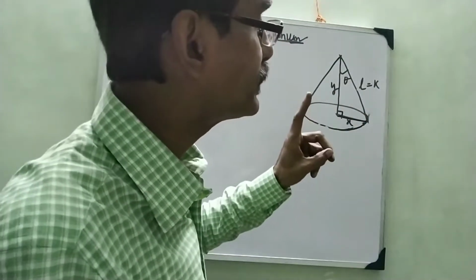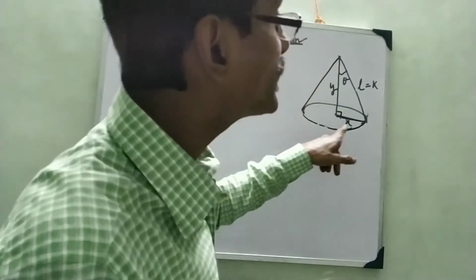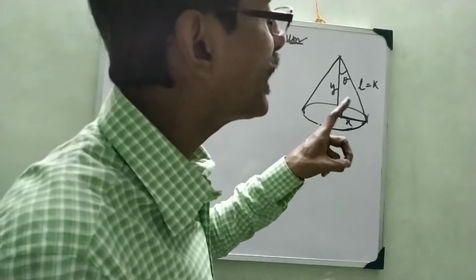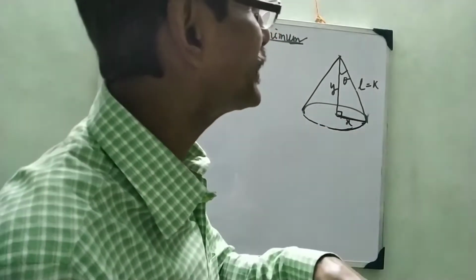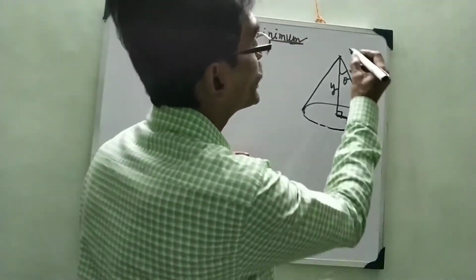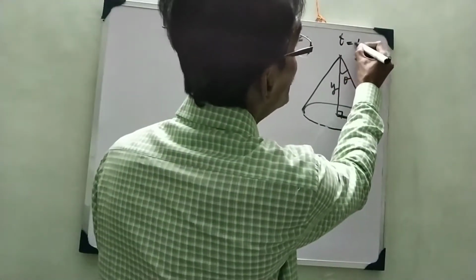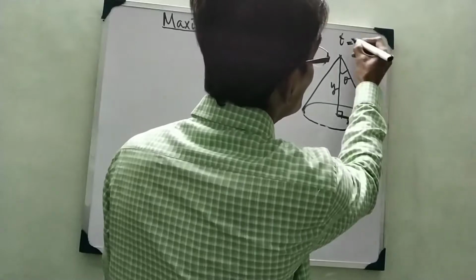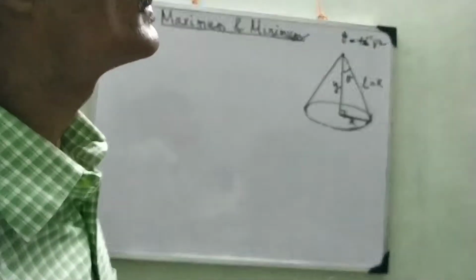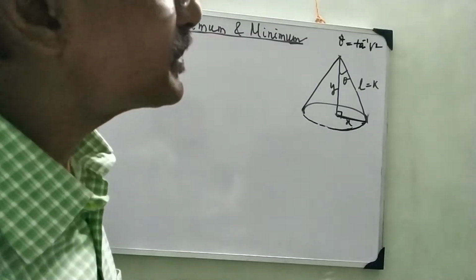We have to prove the volume of the right circular cone is maximum under the condition semi-vertical angle theta equals tan inverse root 2. The sum is most important for the board exam. It has come many times in the board exam.